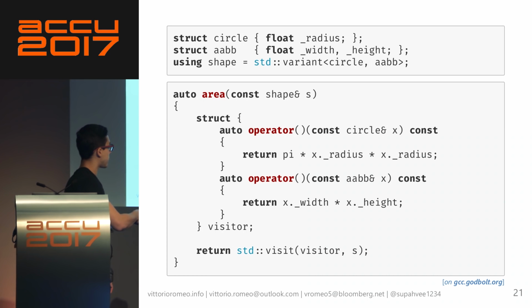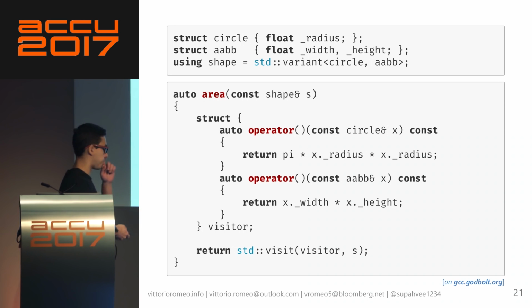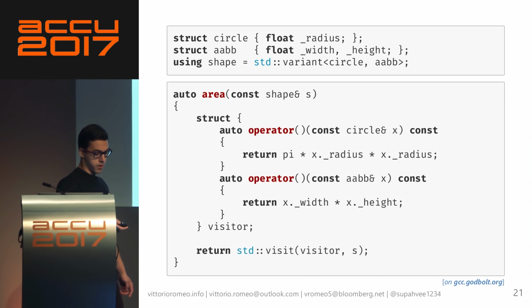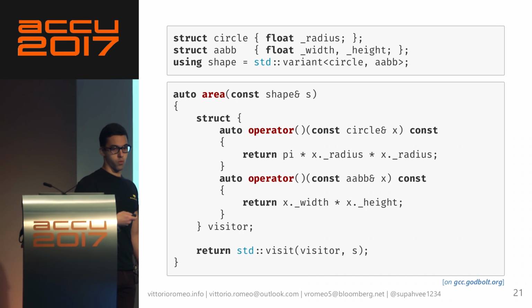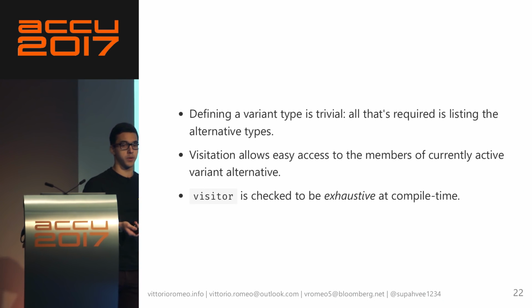So if this shape s here is a circle, this visit function call is going to find out that the overload we're interested in is the one taking a circle, and it will execute the correct computation. We'll cover this syntax in more detail later. But as you can see, it's way more concise. So defining a variant type is trivial.